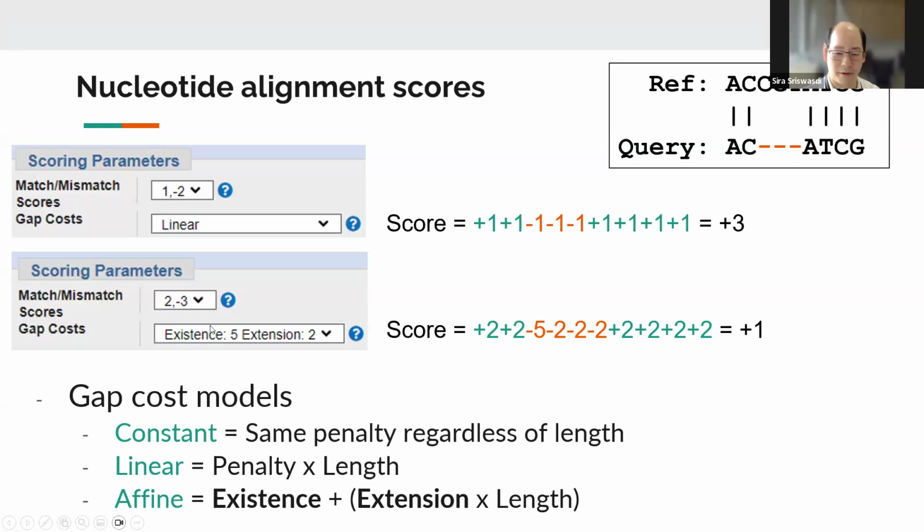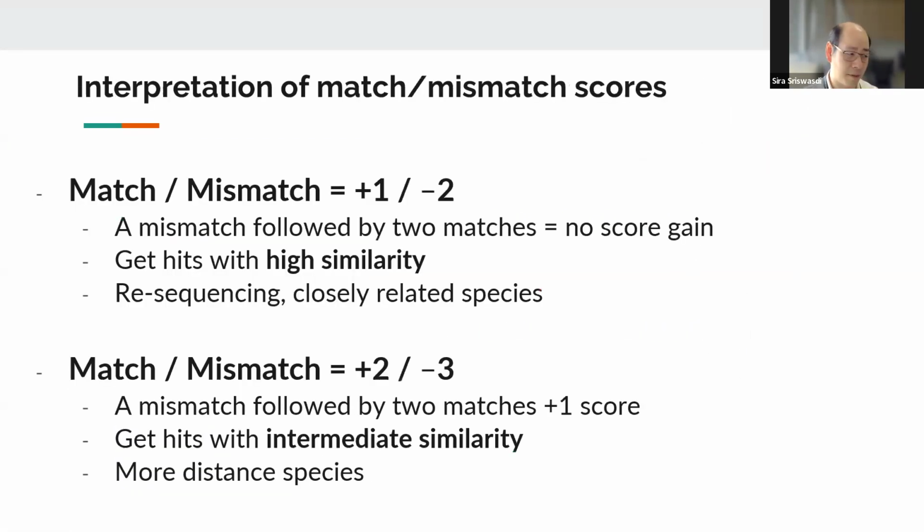But if we use the second model, for each match we get plus 2, so it's plus 2 times 6, 12, and then we have 3 gaps, so we pay the price of 5, 5 being the existence of this gap, and then for each position we get minus 2. So this is the score that we get. The same alignment with a different score scheme will give you a different result.